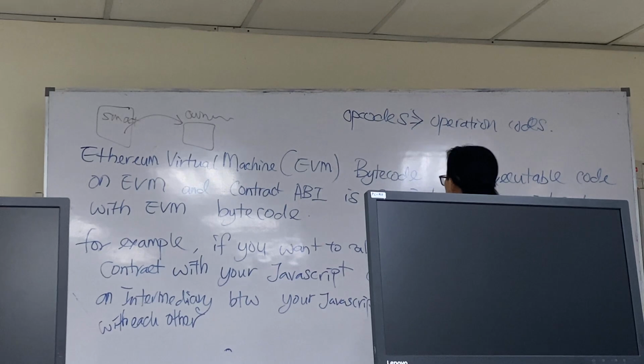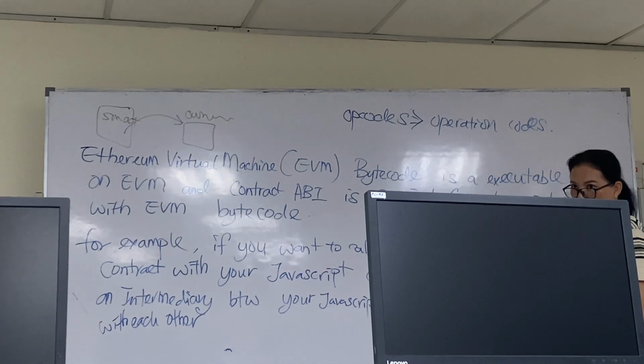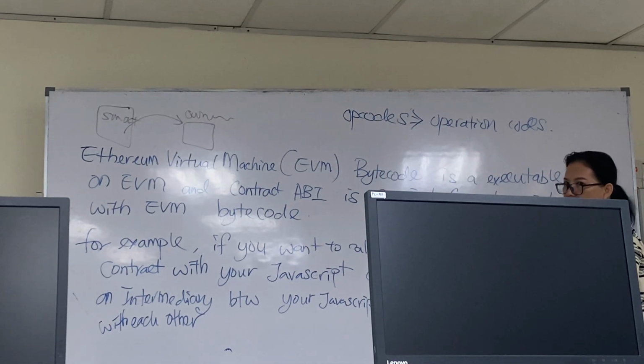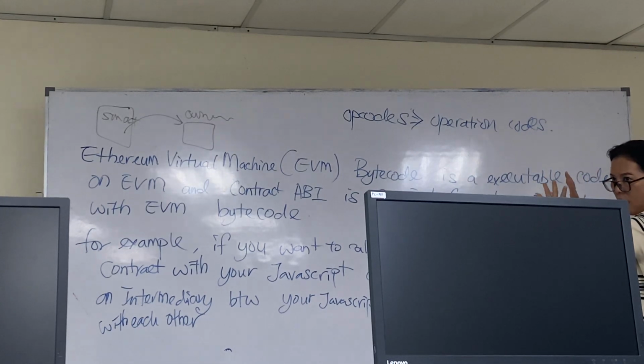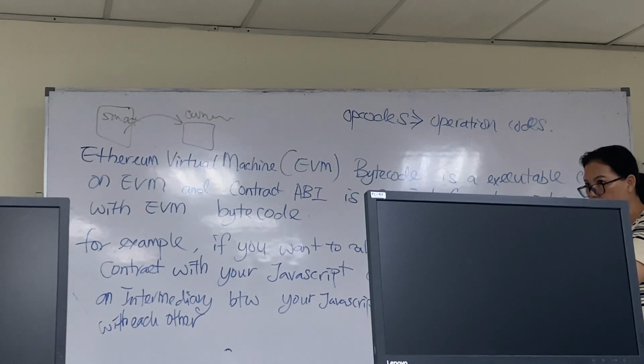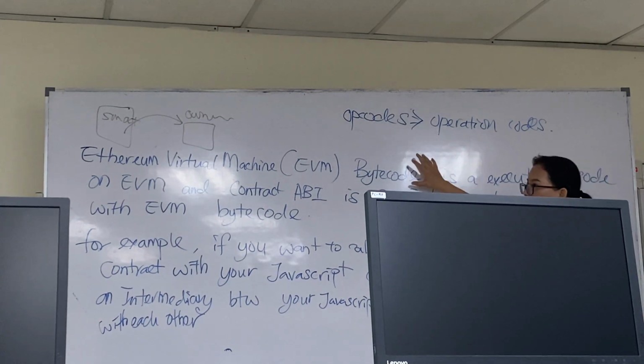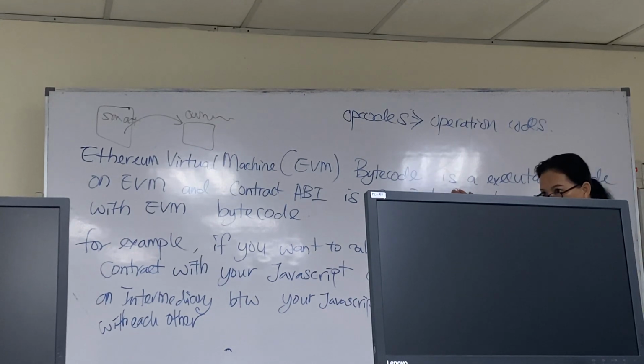This ABI is an interface. This ABI stands for an interface for us to interact with your bytecode. Don't imagine your source file is the one doing the interaction. No such thing. We create our source file, we deploy it. We just want to have a bytecode and the ABI.